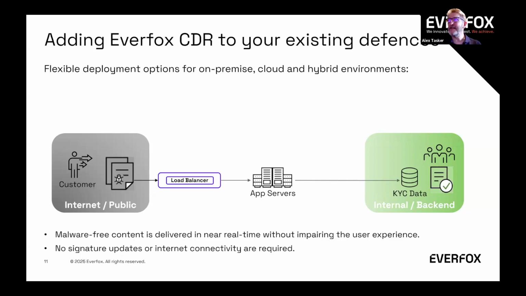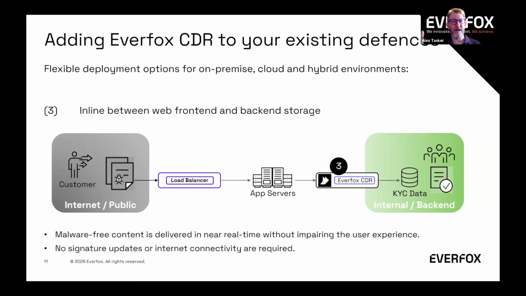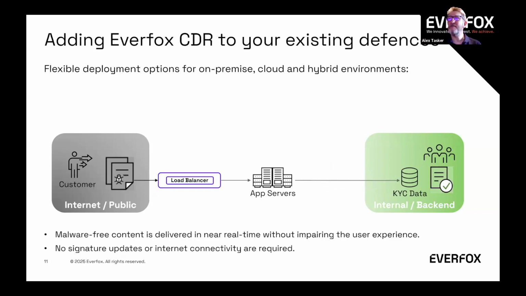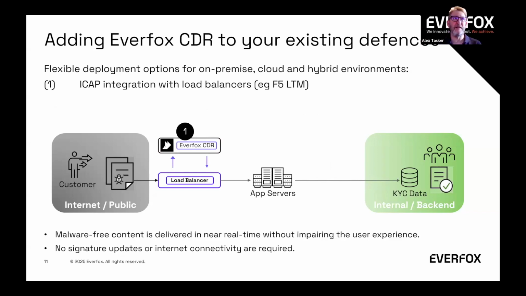Or we can sit in between the application layer and the back-end storage and deal with that data in transit between those different layers, and again transform all that content, ensuring that what gets delivered is completely clean. The most common deployment mode, however, is the first one that I mentioned, this ICAP integration with load balancing tools like F5 LTM, for example.